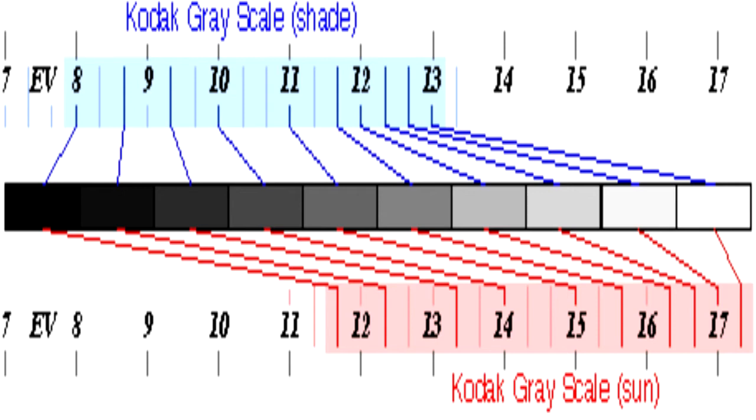ISO is a term used with film that was related to a logarithmic numerical scale based on an exposure index, which relates to film stock.